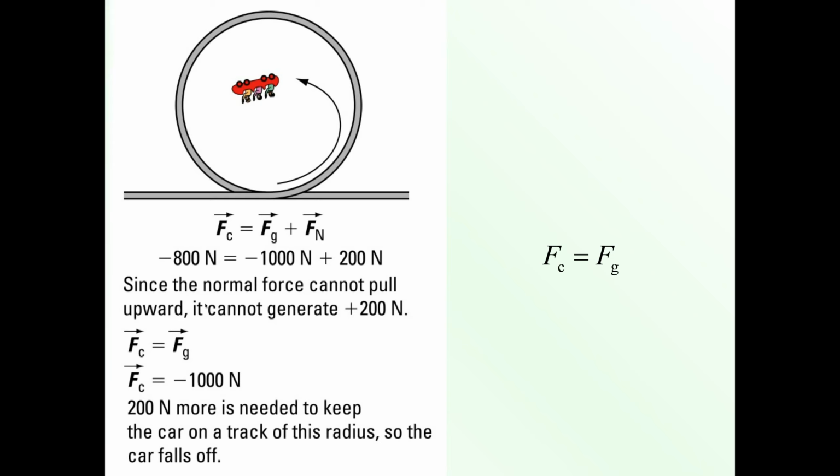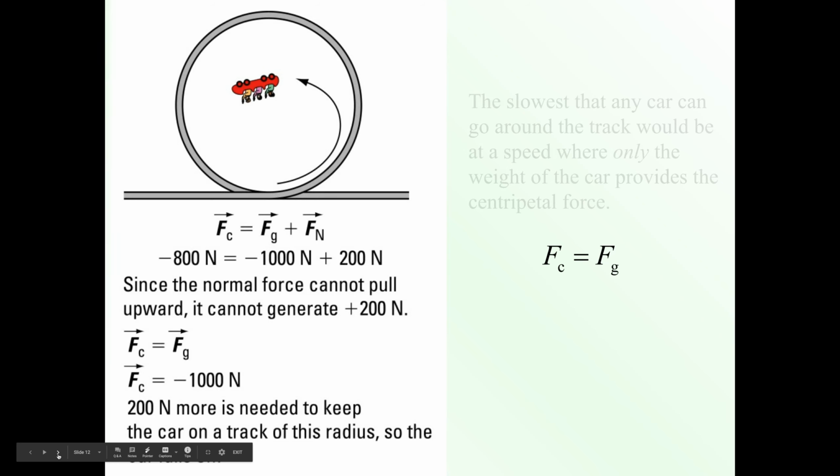Since the normal force cannot pull upward, it cannot generate the positive 200 newtons, and we need at least 1,000 newtons. Our FC has to at least equal our FG for the roller coaster to go around. We need 200 more newtons to keep on the track, so we'd have to speed up our car so it doesn't flip off.